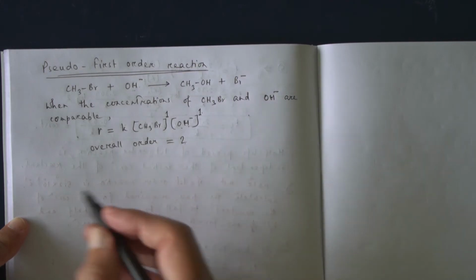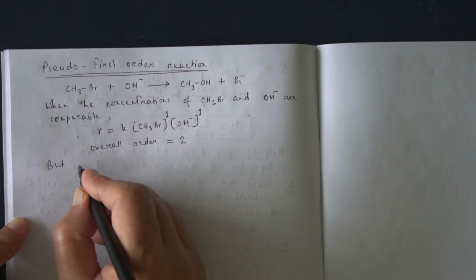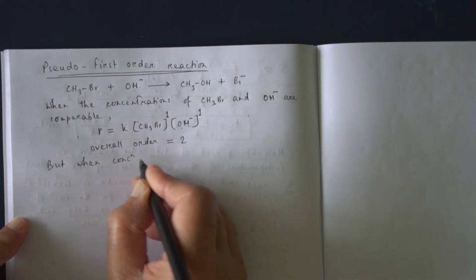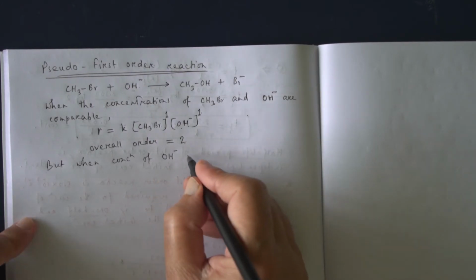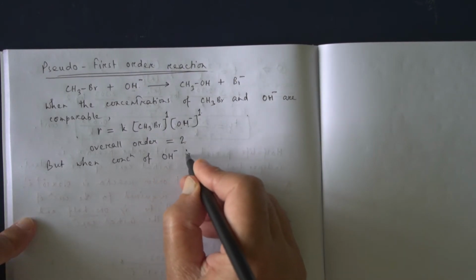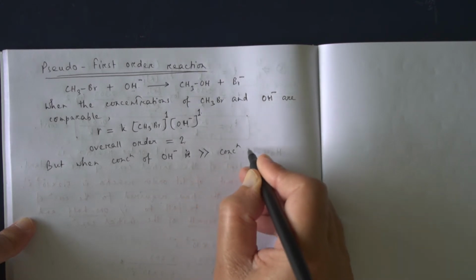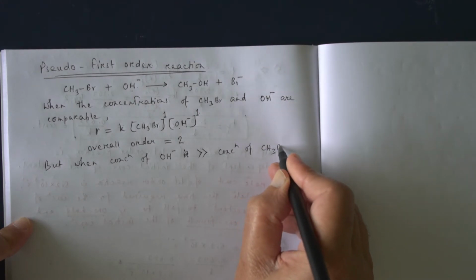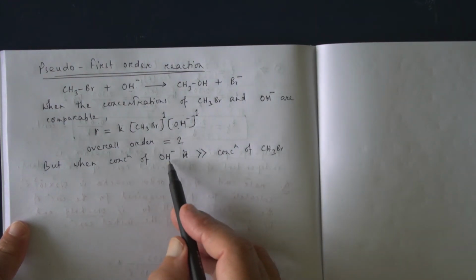Okay, but suppose the concentration of OH minus, aqueous potassium hydroxide, is greater than the concentration of CH3Br, say more than 10 times.